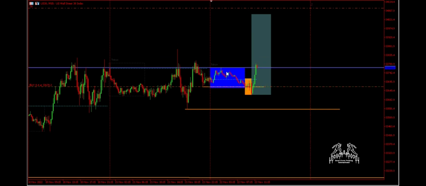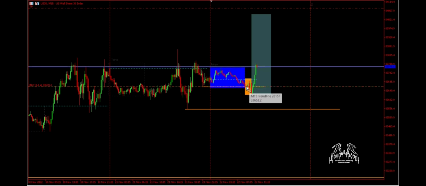It's accumulation. We had our accumulation phase here, during the Asian session where we don't trade, and we had a manipulation to the downside. That's what we want to see, a manipulation to the downside, taking out the previous daily low.